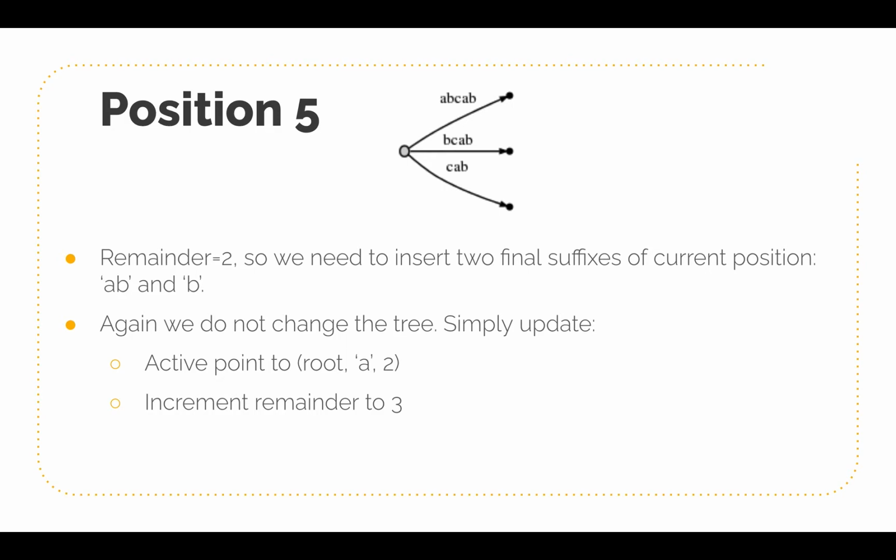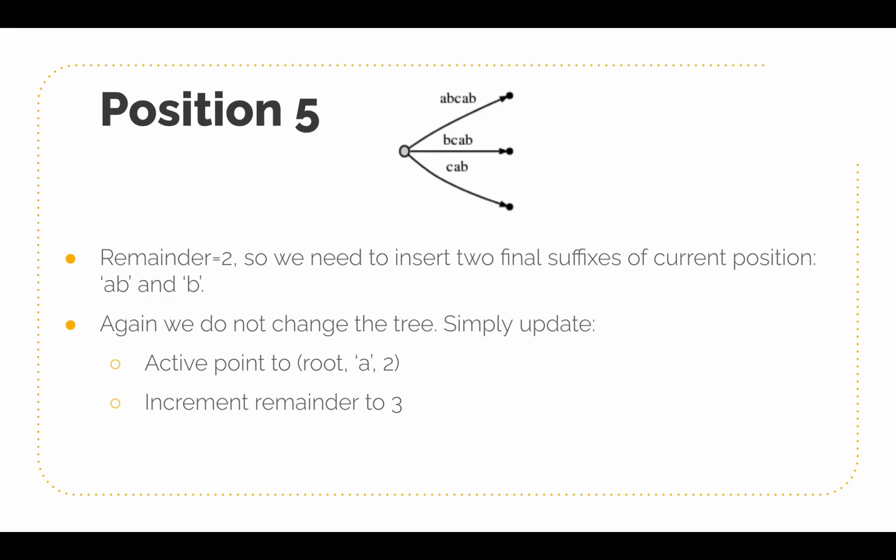For step 5, we update the current position to 5. This automatically updates the tree to the one you can see. And because the remainder is 2, we need to insert 2 final suffixes of the current position, AB and B. This is essentially because the A suffix from the previous step has never been properly inserted, so it has remained, and since we have progressed one step, it has now gone from A to AB.